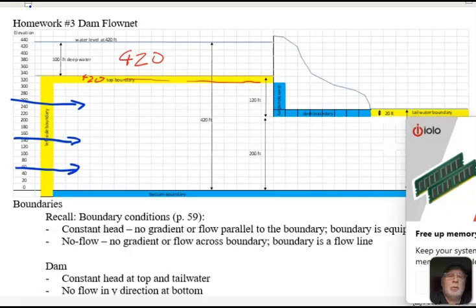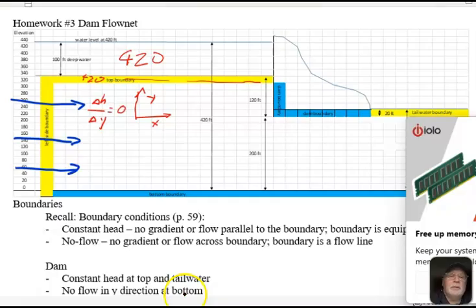So somewhere out here, the water is flowing just sideways. It's not flowing down, so the change in head with y, if x is horizontal and y is vertical, the change in h with y would be 0.